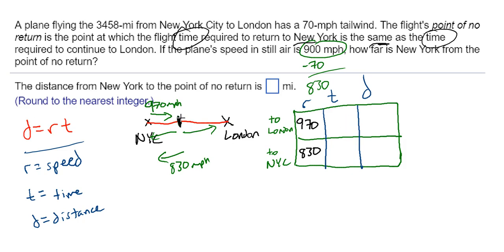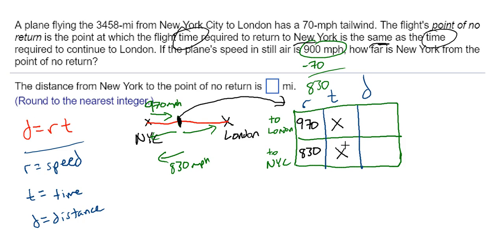So at this point of no return, the time to fly onwards towards London would be x hours. The time it would take to fly back to New York would be the same. However many hours it would take to get to London, it's going to be the same number of hours to return to New York. That's what the point of no return is. That's its definition. So we will use the same variable to represent both of those.